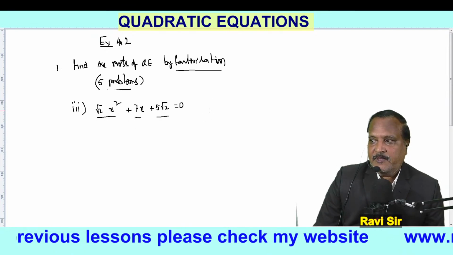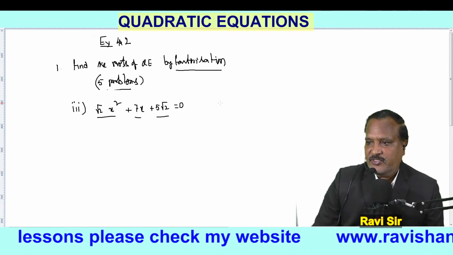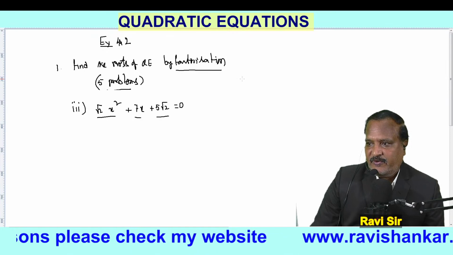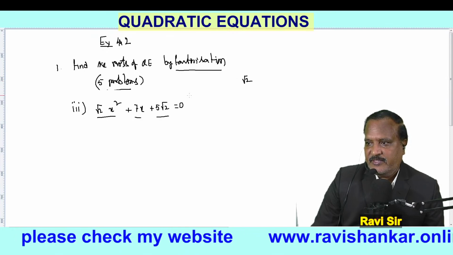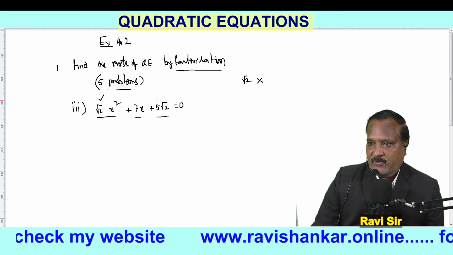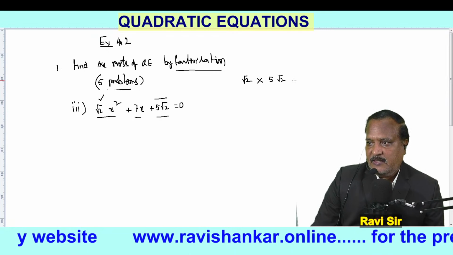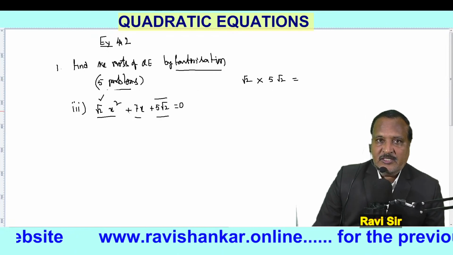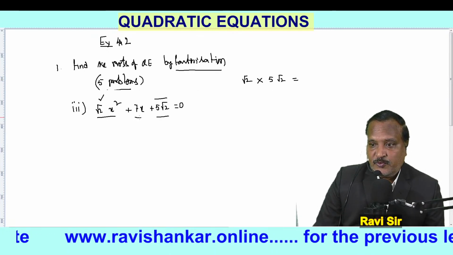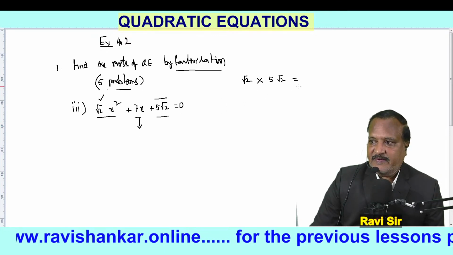Still some people might be interested in this question. You write the x square coefficient, which is root 2, and the constant is 5 root 2. These are the two things we have to consider to split the middle term. The middle term is 7x.